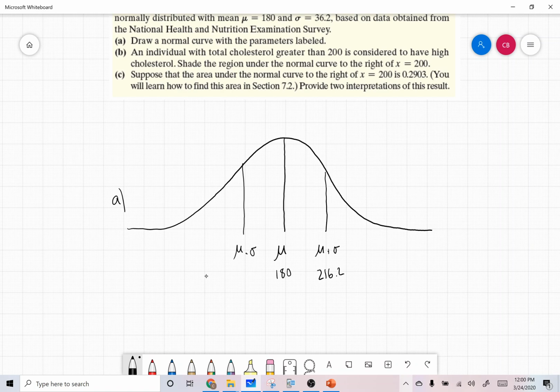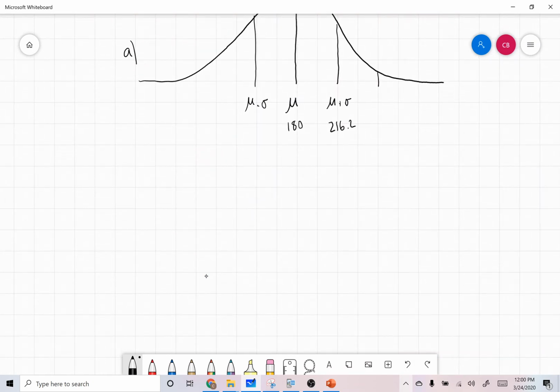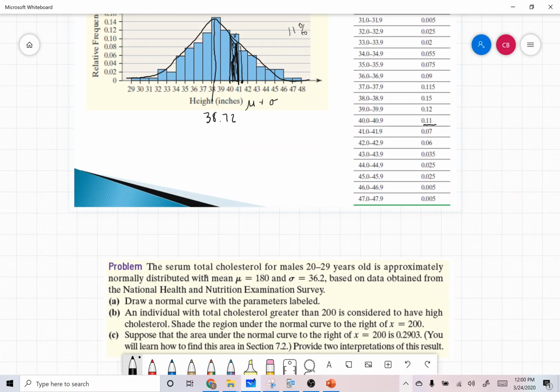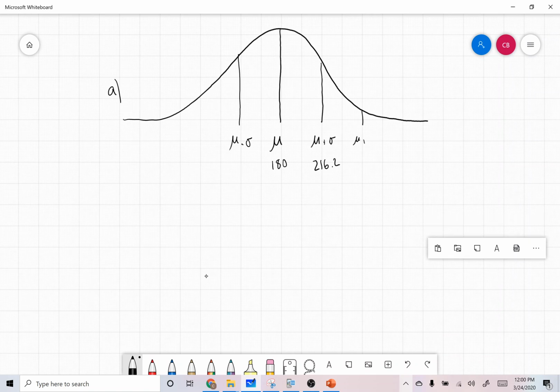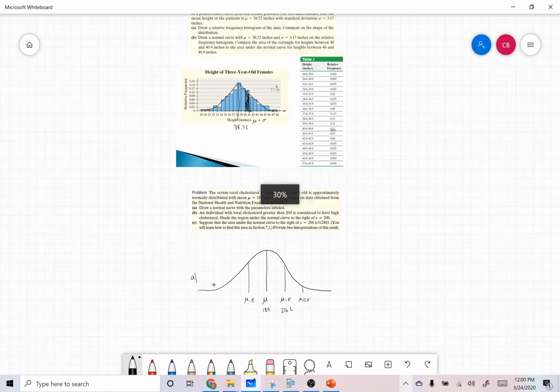If we add 36.2 to that, that's mu plus 2 sigma, which is 252.4.